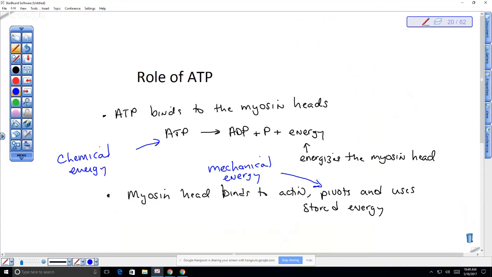So we know from thermodynamics that when you convert from one form of energy into another, it's inefficient, right? And so this pivoting, this conversion of chemical energy into mechanical energy, it produces as a waste product what type of energy? When you exercise, what energy do you release into the atmosphere? Nope.